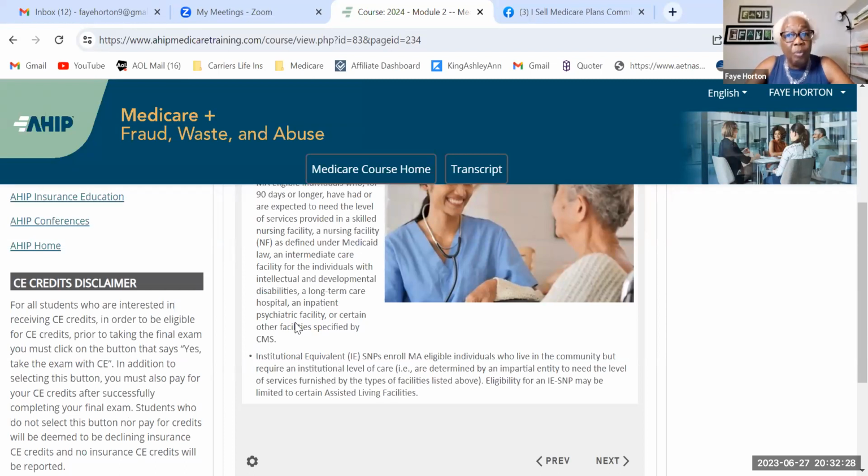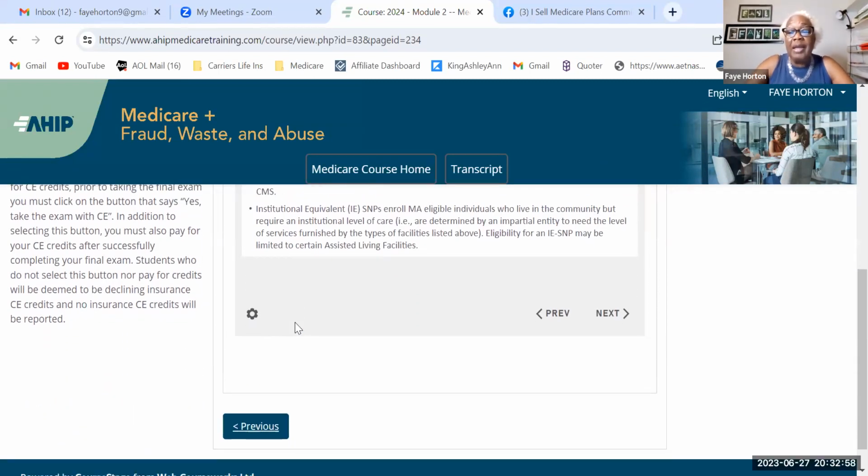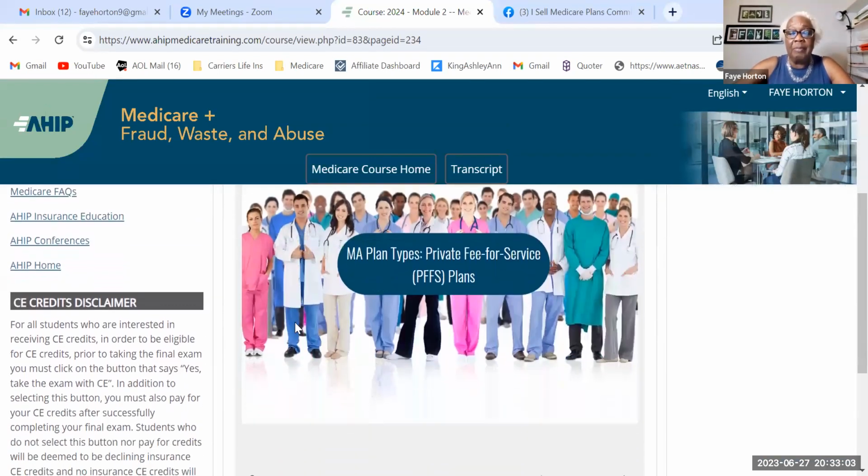Again, you probably won't be enrolling anyone into one of these plans, but you need to know that they are available, because someone may have an I-SNP and then they are no longer required to be institutionalized and they leave the facility. Now they have a special election to get a regular Medicare Advantage or a chronic SNP.